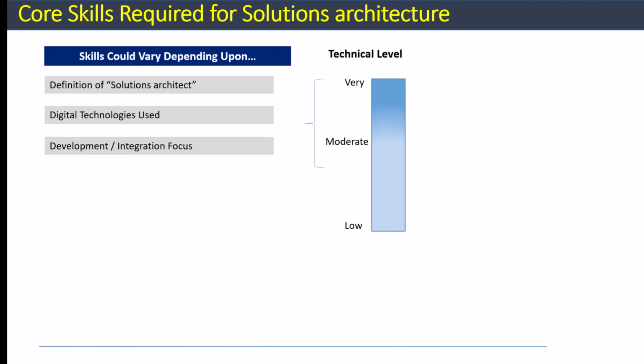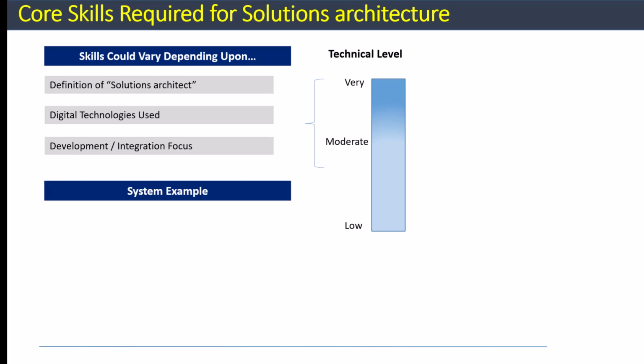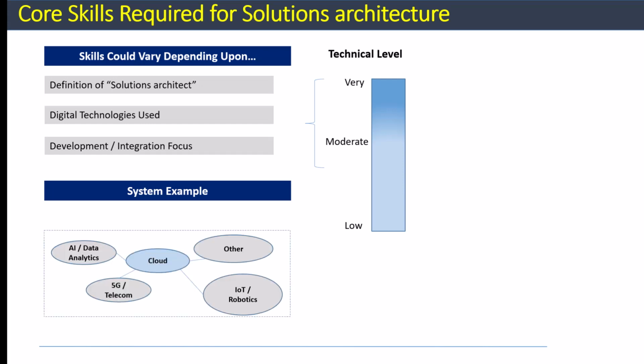So let's look at an example. As we mentioned earlier, a digital or cloud-based project may involve the integration of a number of technologies. In those cases, the solutions architect may not need to be an expert on any one particular technology.